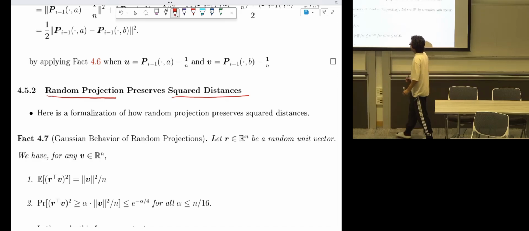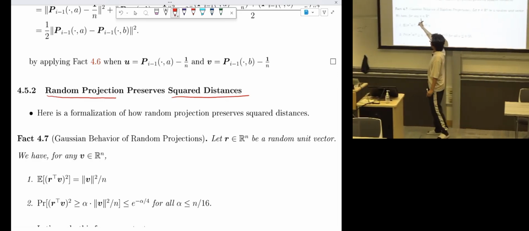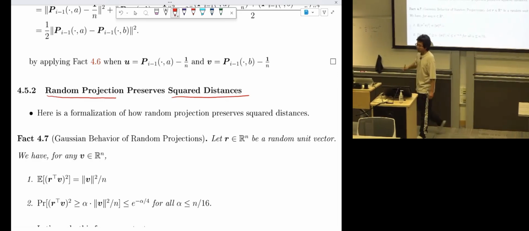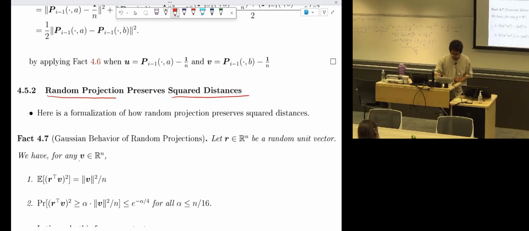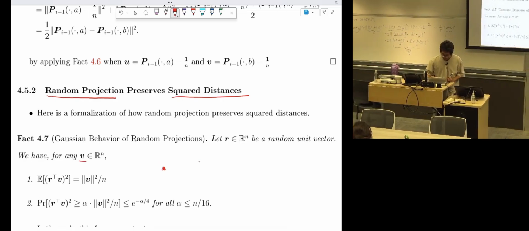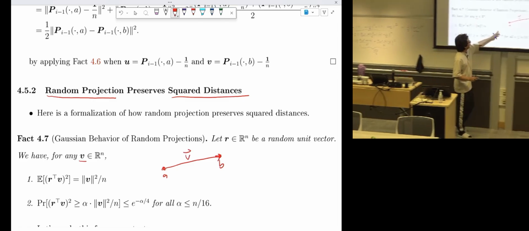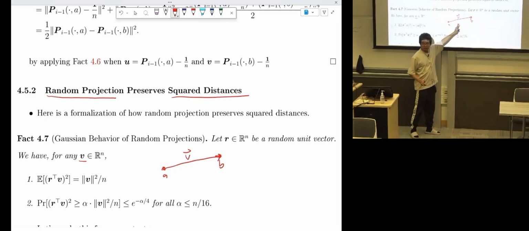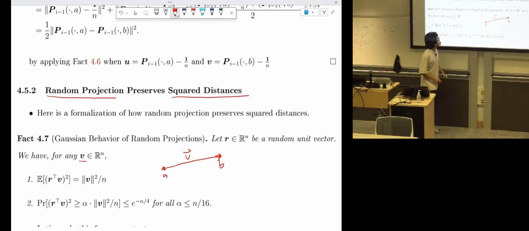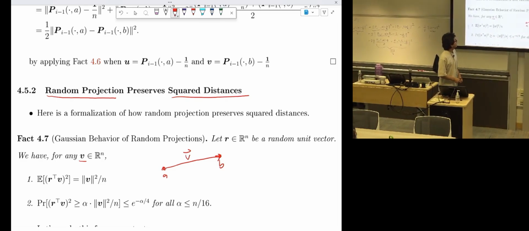Then take any vector V, and think of V as the difference between two points. If this is point A and point B, V is this vector.